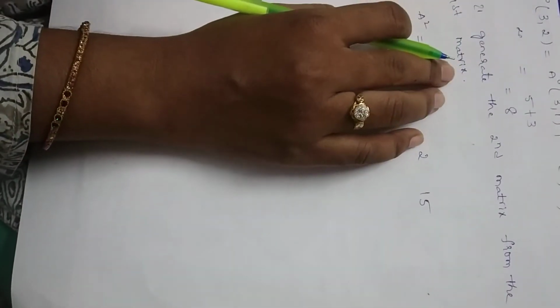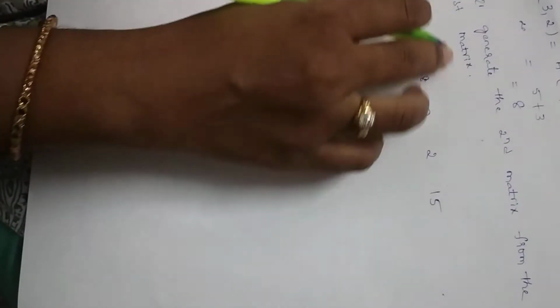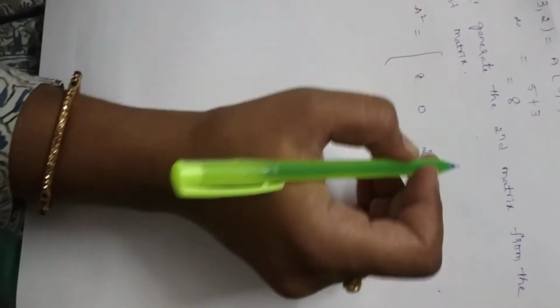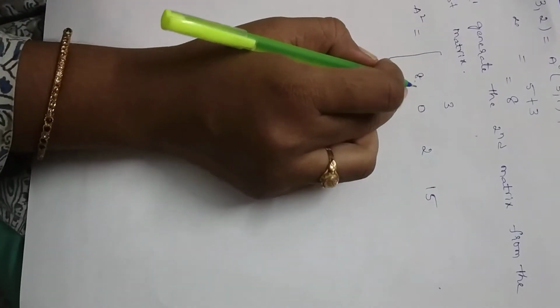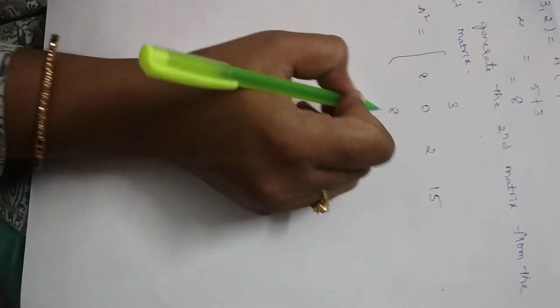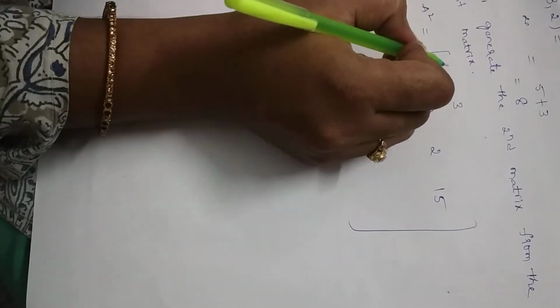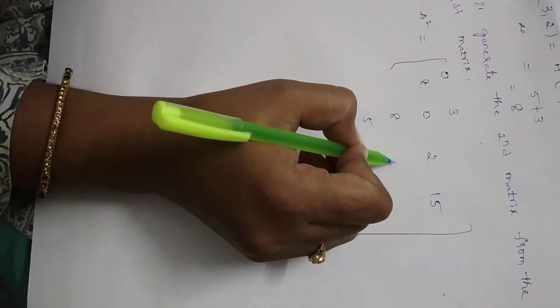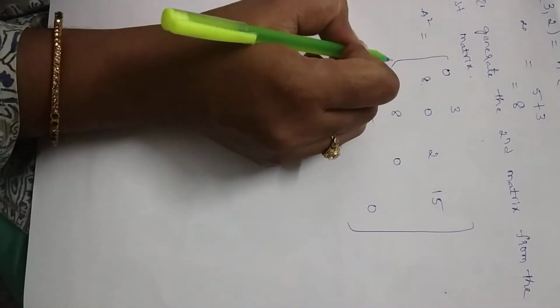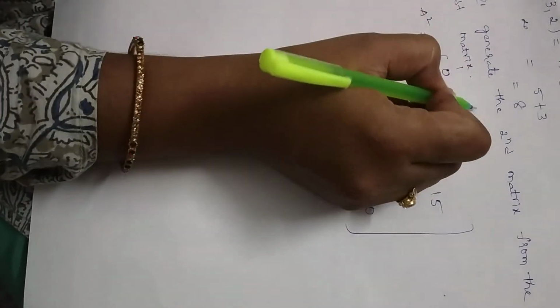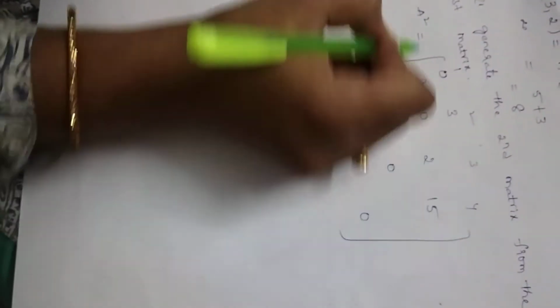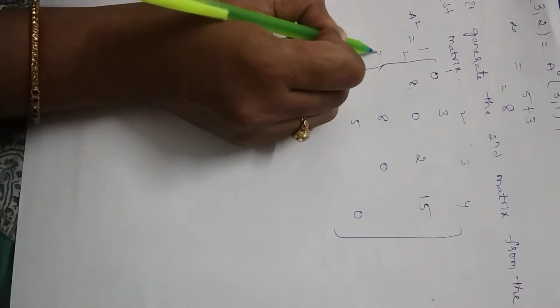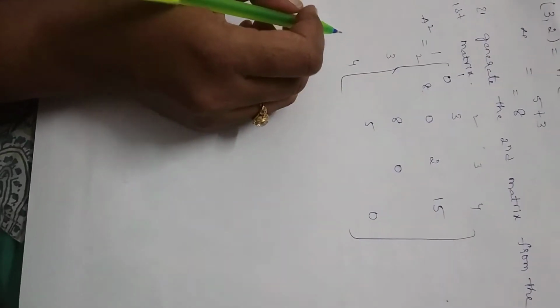The second column is 3, 0, 8, 5. The diagonals are 0, 0, 0. Here nodes 1, 2, 3, 4.